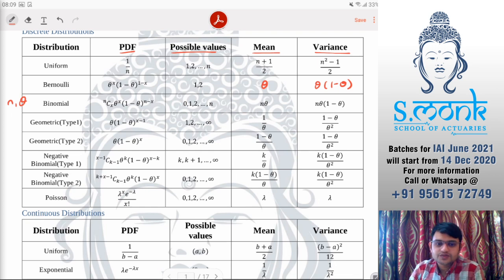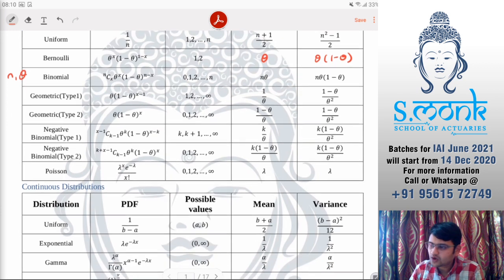Negative binomial distribution, we are talking about the kth success, the number of the trial that is going to give you the kth success. Again the same thing, instead of the first success, we are talking about the kth success. So you have to look for those terms whenever you are answering these kinds of questions.